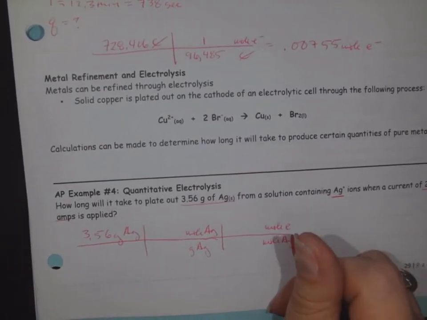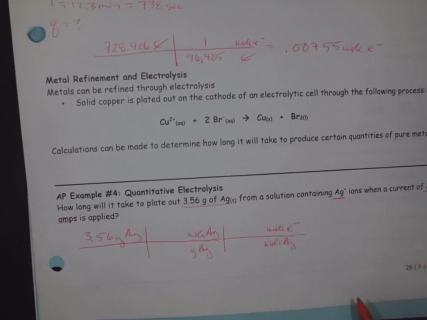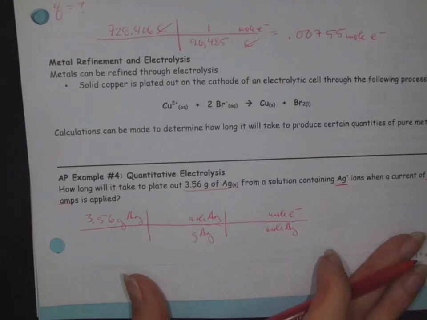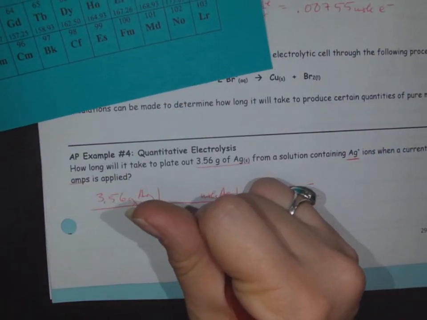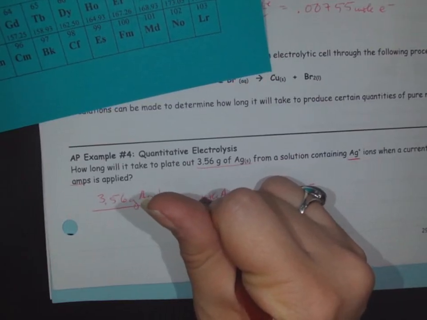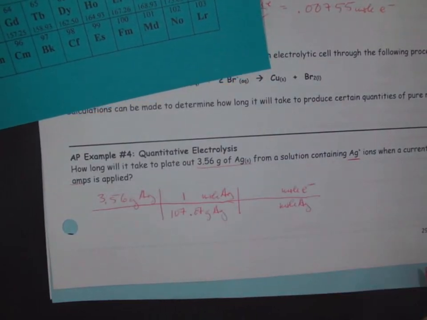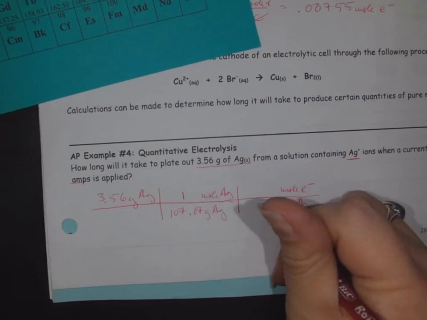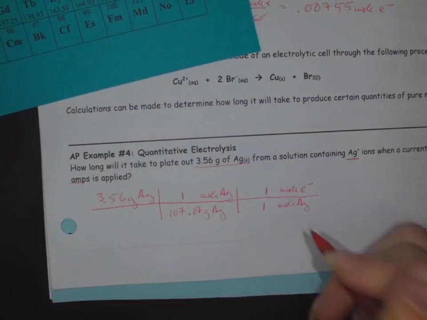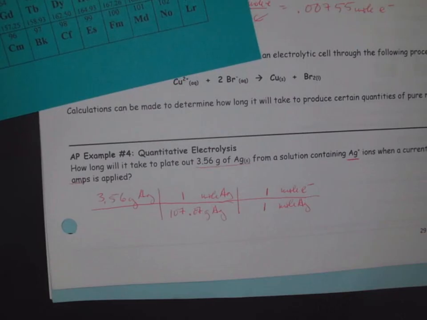It's becoming Ag plus, okay? And we have 107.87 grams per mole. And the silver is going to become an Ag plus. So for every 1 mole of silver, it would release 1 mole of electrons.